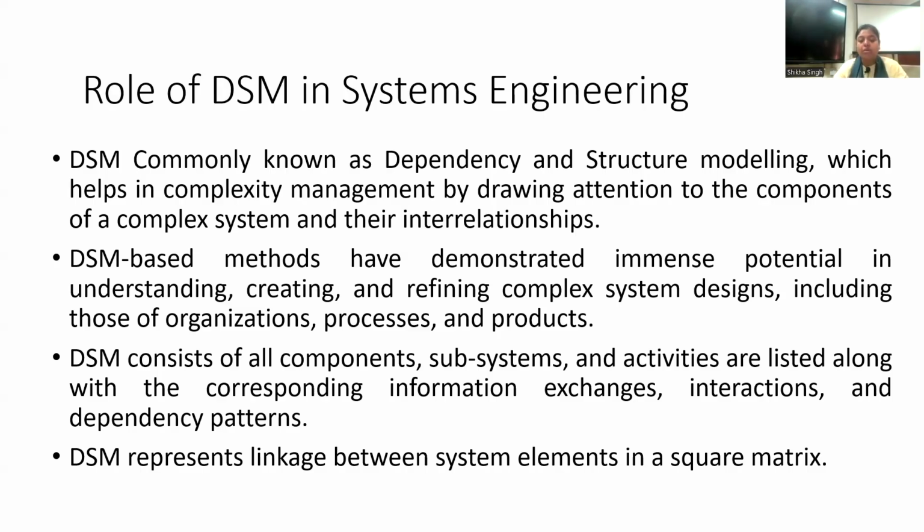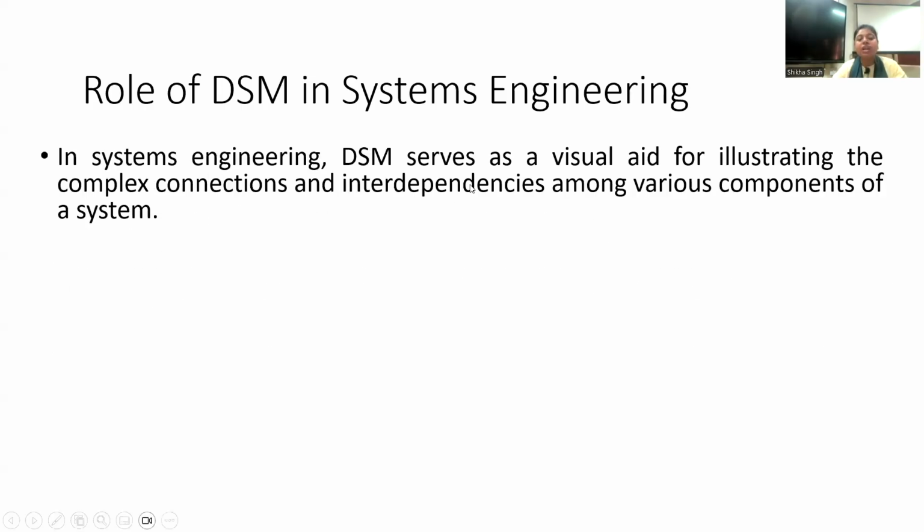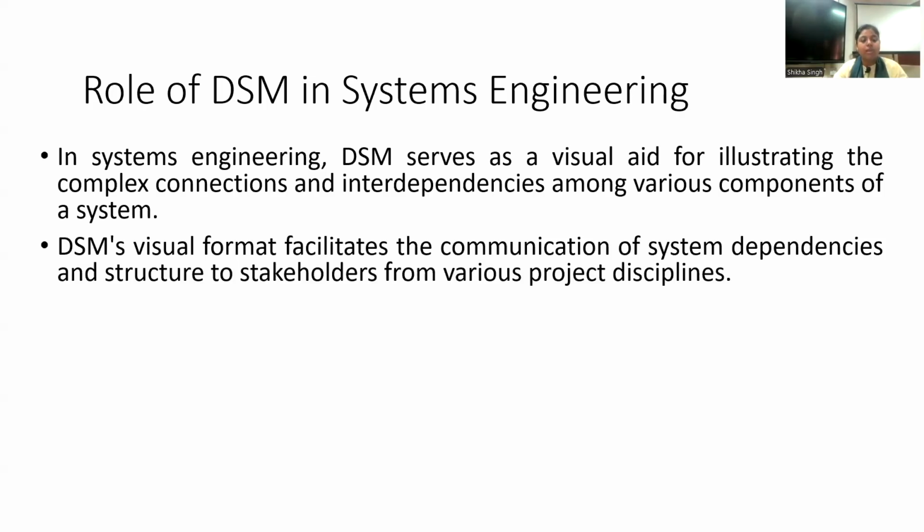Then the role of DSM in systems engineering. As I already told you, DSM is a kind of matrix which helps us to understand, to uncover the relations and to develop the hierarchy. So here in systems engineering, DSM serves as a visual aid. Visually, you can see within the matrix how things are related, right? This illustrates the complex connections and interdependencies among various components of a system, right?